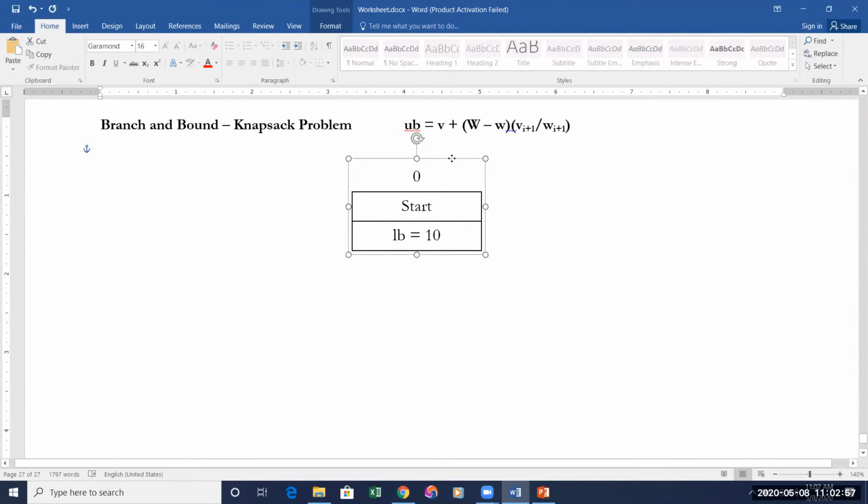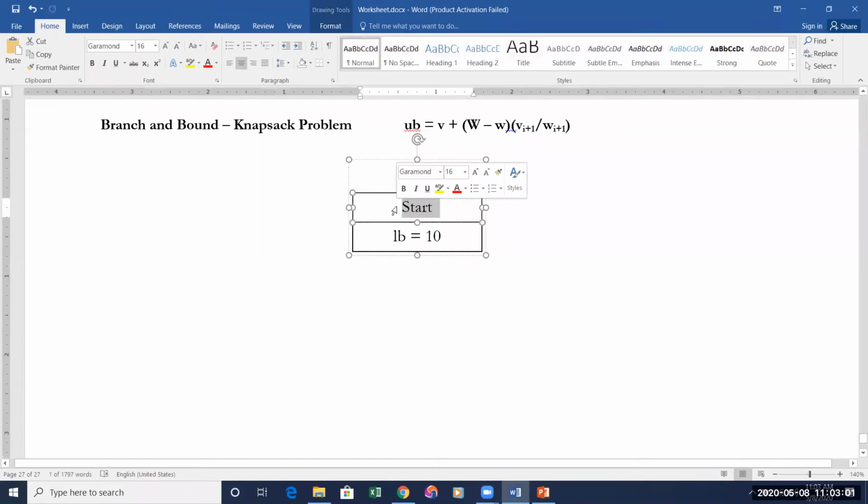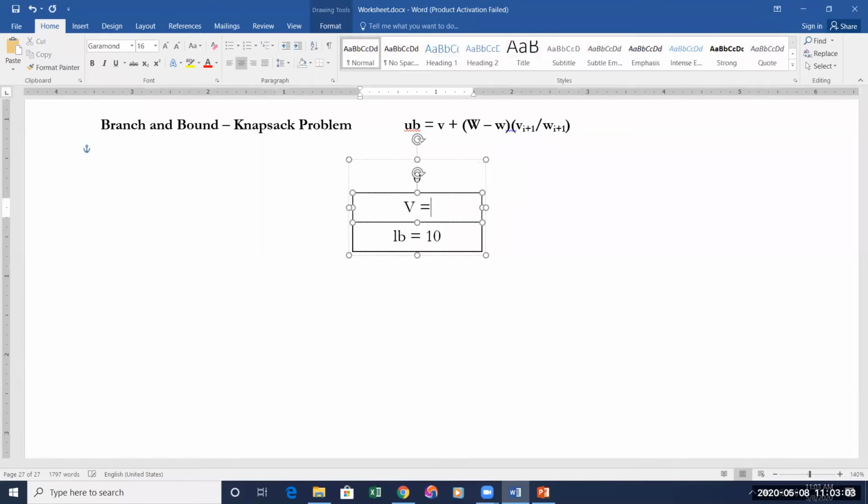We have to take a root node, and it is numbered as 0, and it contains value small v equal to 0 and weight w equal to 0. This is the upper bound. You have to calculate the upper bound for this.